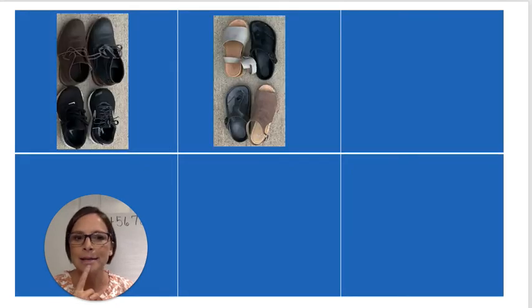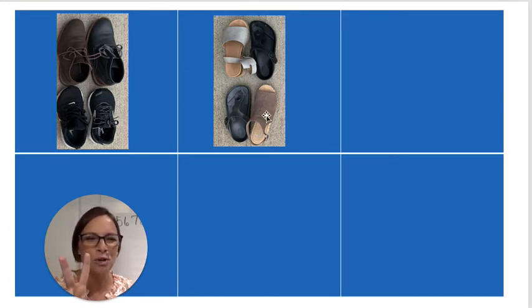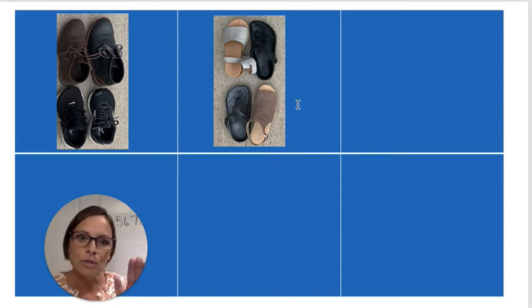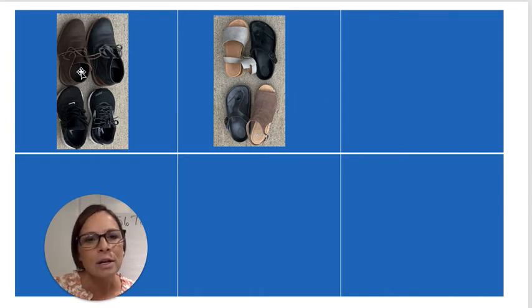So let's take a look. Did you notice too on my sorting mat that there's 1, 2, 3, 4, 5, 6 areas, but I'm just using 2 because I'm just sorting into 2 groups because my choice for sorting today on this mat was those that are tie shoes and those that are not.